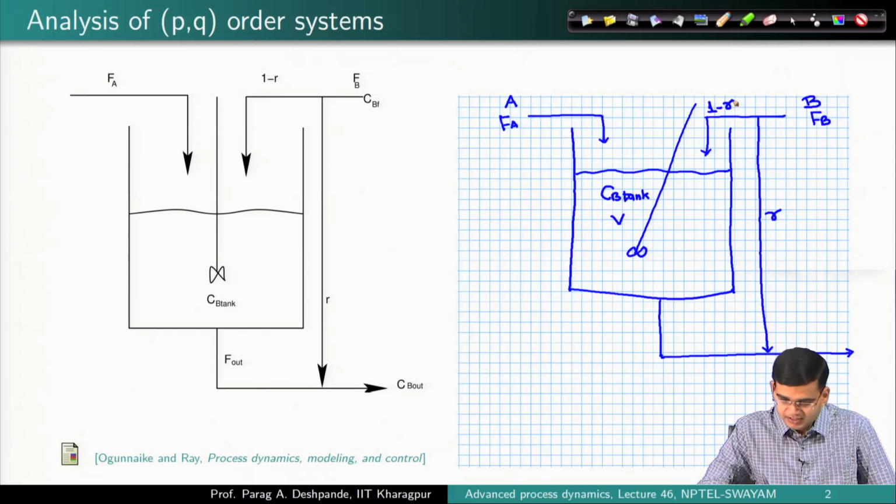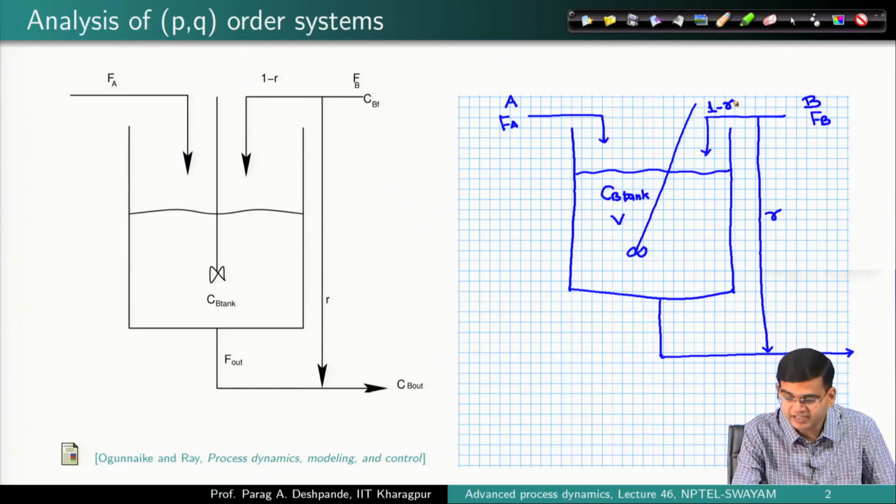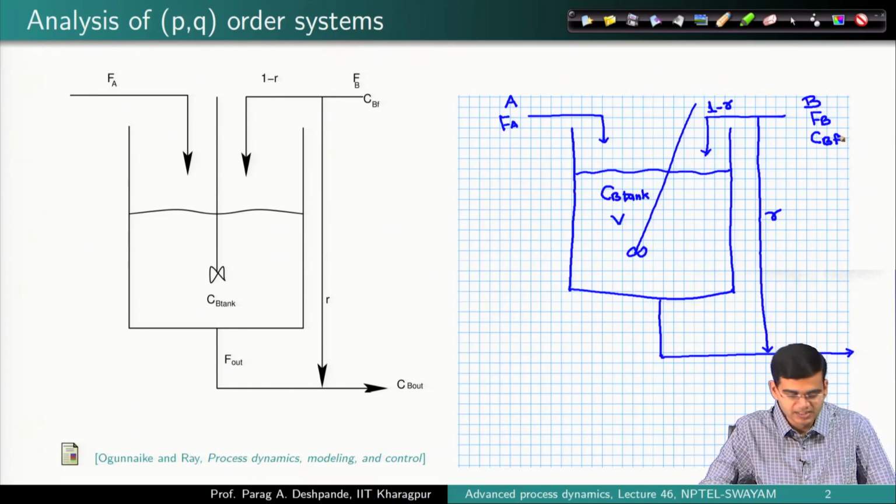Further, the concentration of the species B in the feed is C B F. F stands for feed.